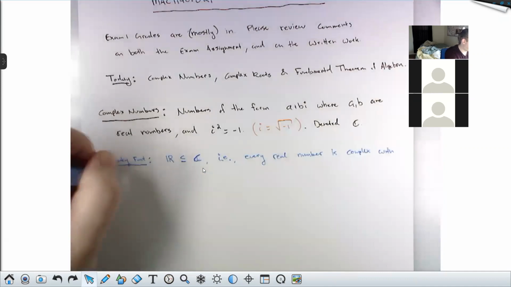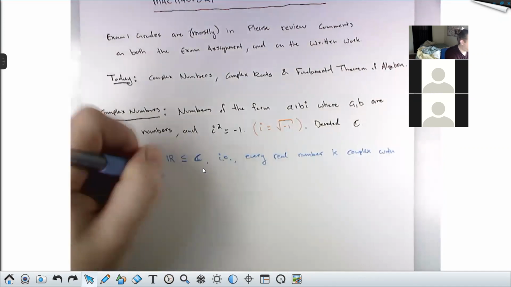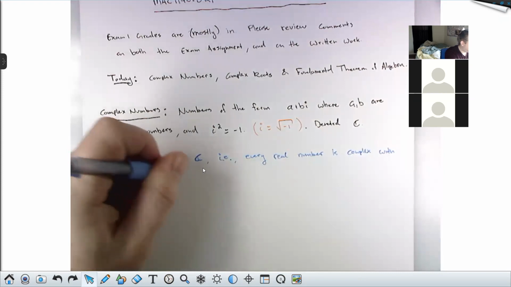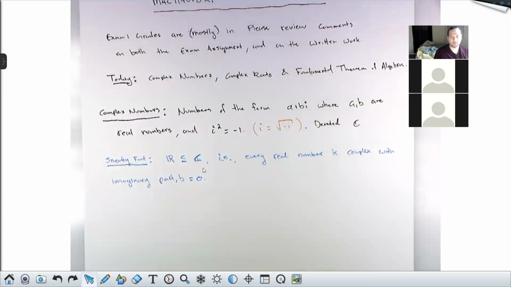with imaginary part b equal to 0. So when you look at this definition, a plus bi, a is called the real part and b is called the imaginary part. And the sneaky fact here just says that you can write any real number in this form just with b equal to 0.